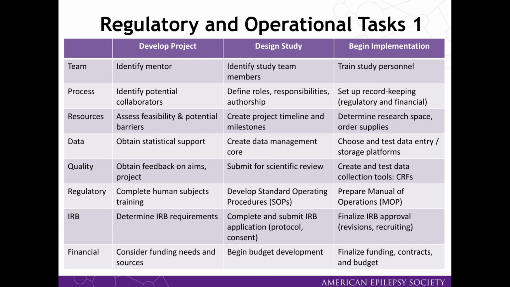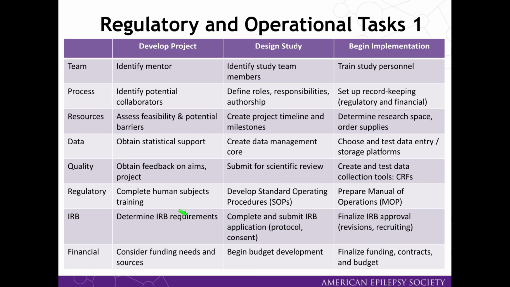And I broke these down into several different areas: assembling your team, looking at the process of developing your research proposal, finding appropriate resources, collecting and analyzing your data, maintaining the quality of your study, meeting regulatory requirements, making sure that your institutional review board documentation is up to date, and then budget and financial information.